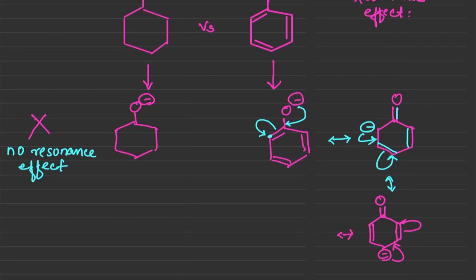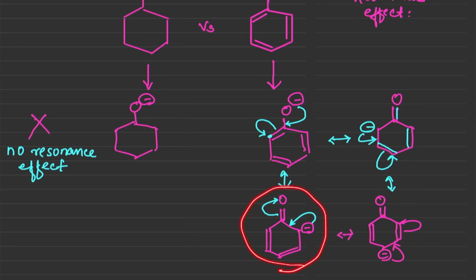The basic idea is, the more resonance contributing structures you can draw, the more stable something is. So now you have the double bond here, and the negative charge is here. And now we are getting back to the full circle, where we can bring the negative charge back to oxygen.